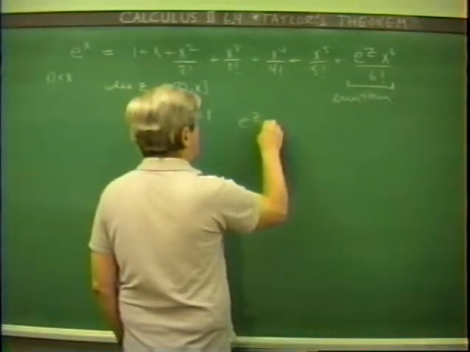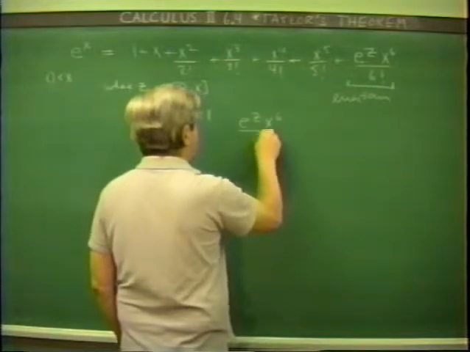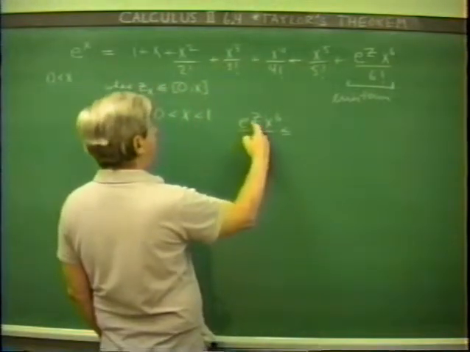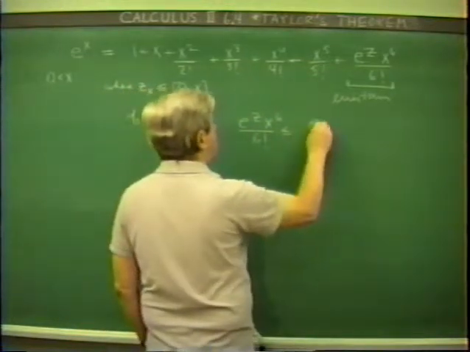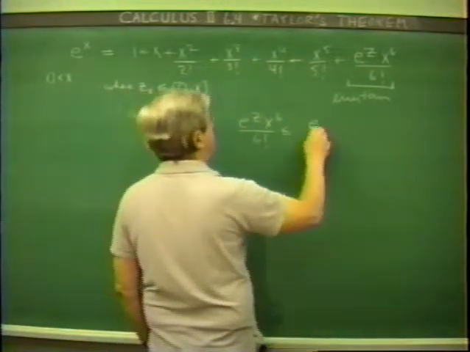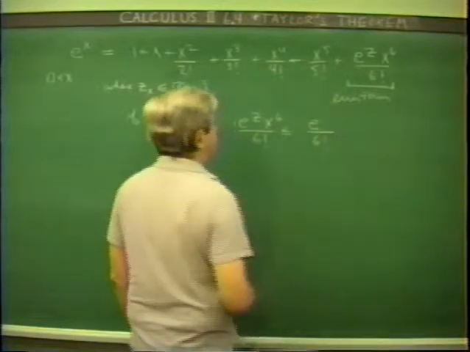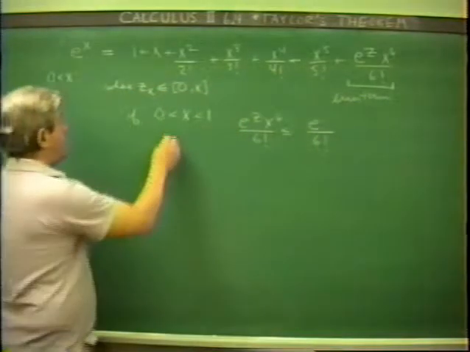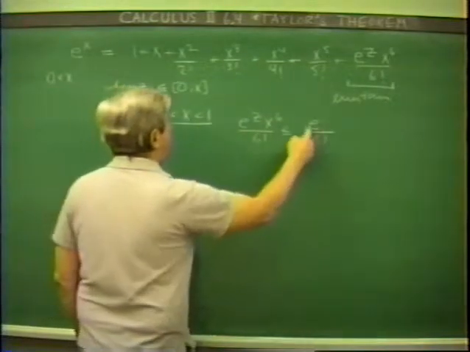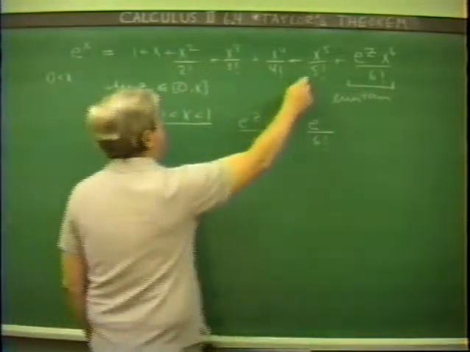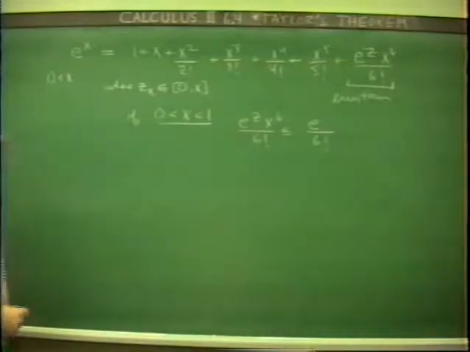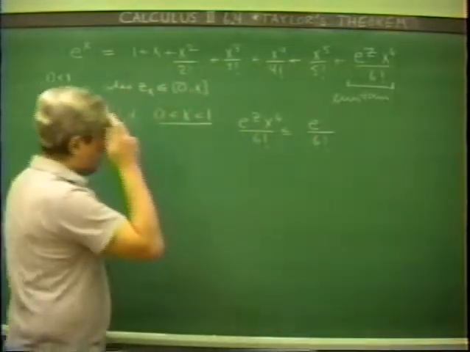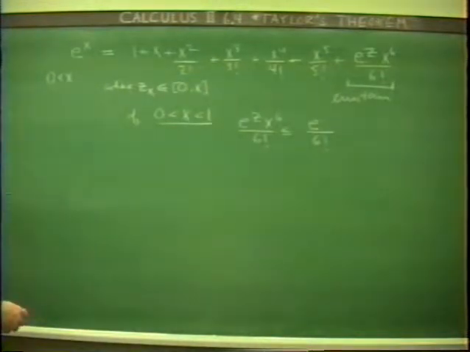And e to the z, x to the 6th over 6 factorial, is going to be less than or equal to what we get if we take e at 1, x at 1 over 6 factorial. Right? So if we want to approximate e to the x for x between 0 and 1, and we go out here to the x to the 5th over 5 factorial, the error is going to be less than or equal to e over 6 factorial.